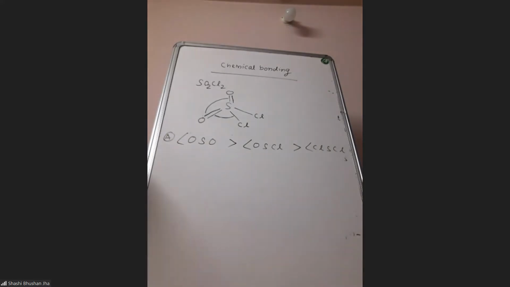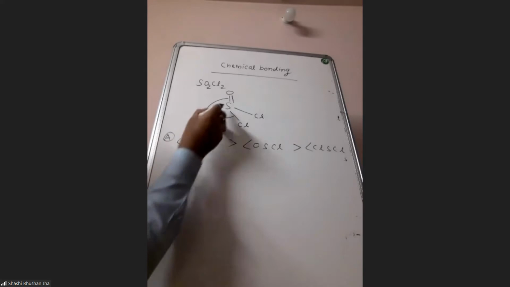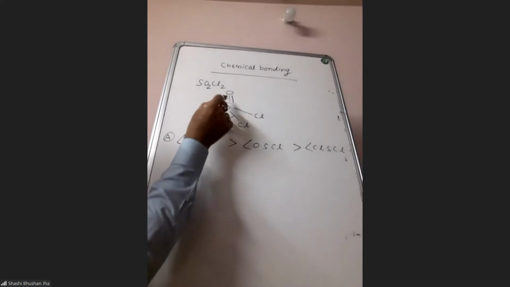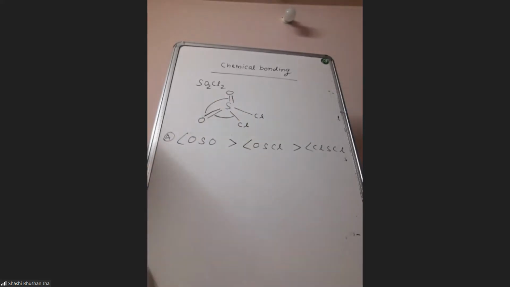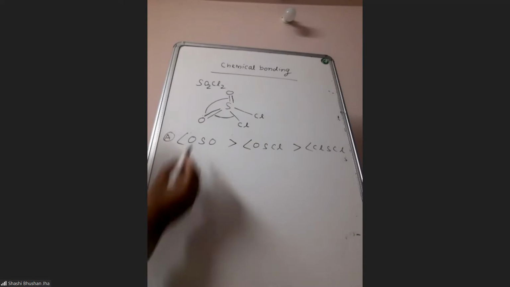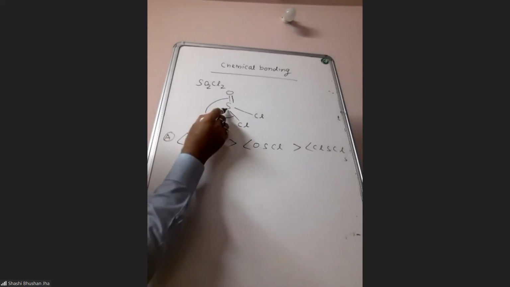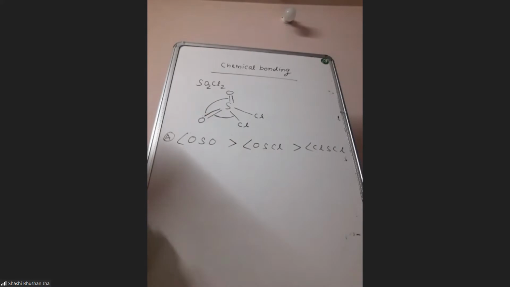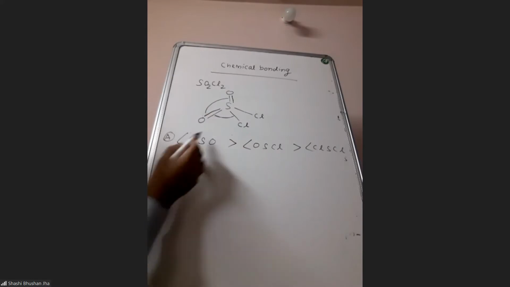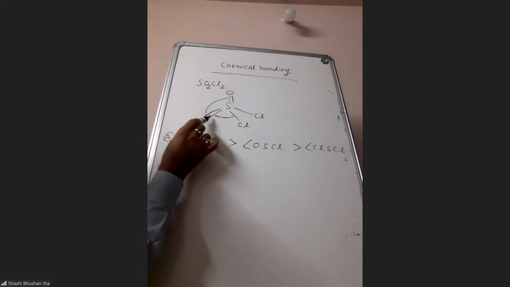Now, the second option is number of p-pi bonds less than number of p-pi d-pi. So see here, sulfur is forming 2 pi bonds with oxygen. Can you tell me what is the nature of that pi bond? Is it p-pi or p-pi d-pi? p-pi d-pi, because sulfur hybridization will be sp3. So all the p orbitals of sulfur are involved in formation of sigma bonds.